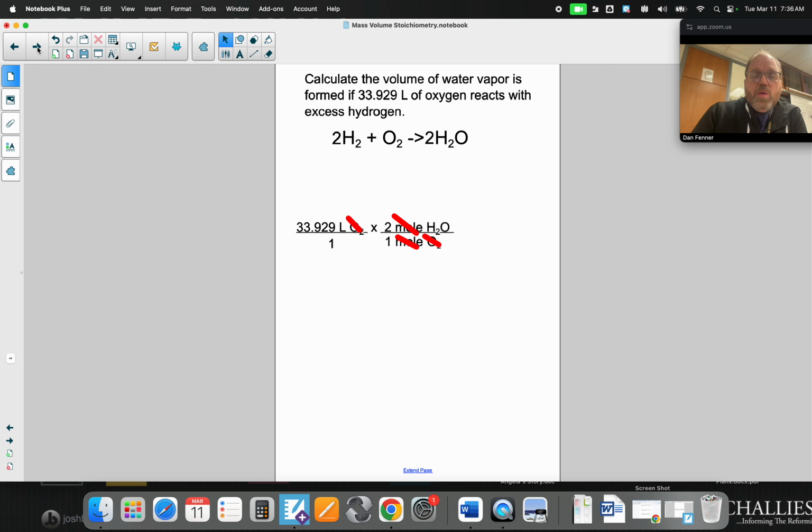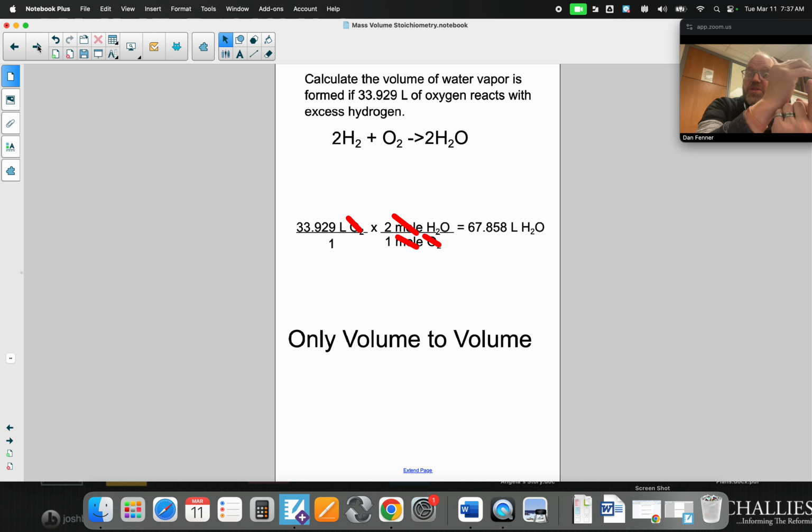Oxygens cross out, moles cross out, and it was 67.858 liters. Now, that only happens when we're going from volume to volume at STP. Because remember, we do the 22.4 liters is 1 mole to start, and then the 1 mole is 22.4 liters at the end. So the two 22.4s cross out. Real quick, good to go.